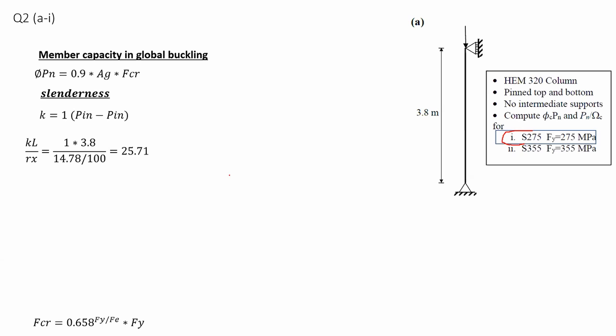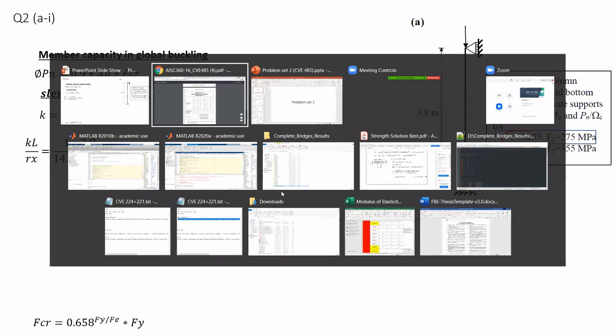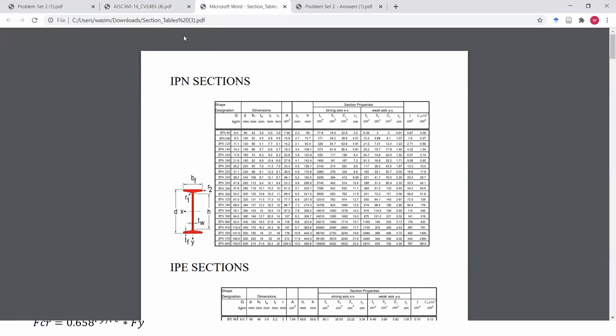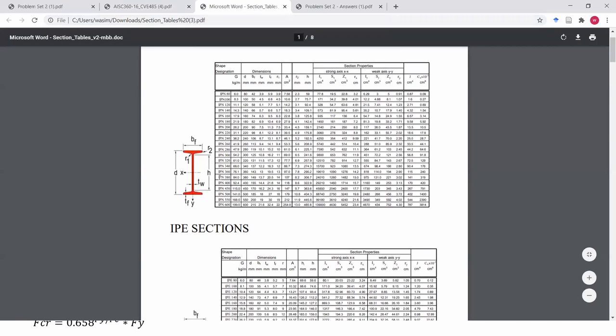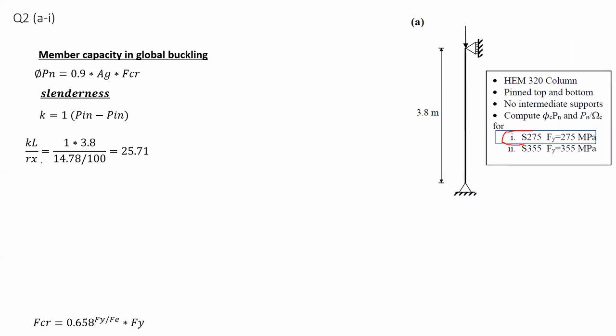Now we find KL over r. The column could buckle in one of two directions, either about the x-axis or the y-axis. What do I mean by that? Since it's a wide flange, the column could be buckling about the x-axis or about the y-axis. That's why I have to check KL over rx.